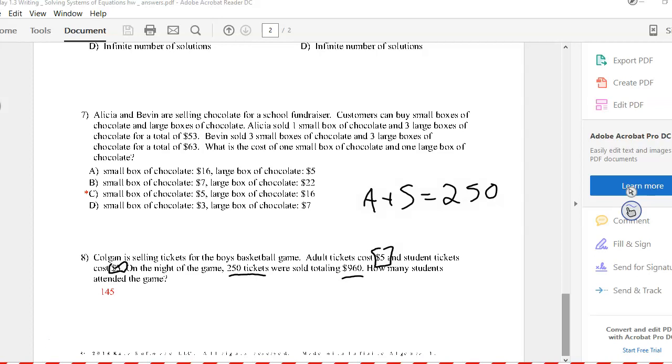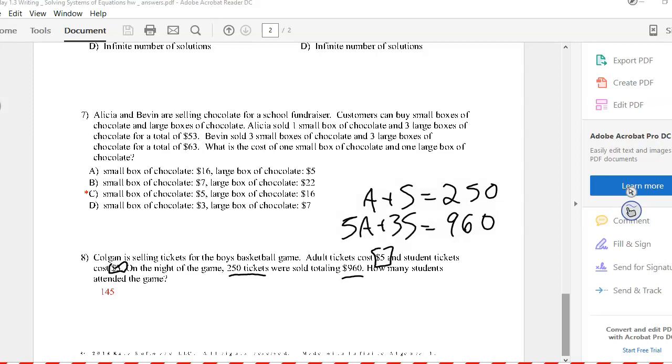So it'd be 5 something plus whatever the other one is. I just need you to put all those pieces together. Can you just put any variable? Well, we already have 2 variables, so we have to use those 2. Okay, 5A plus 3S.